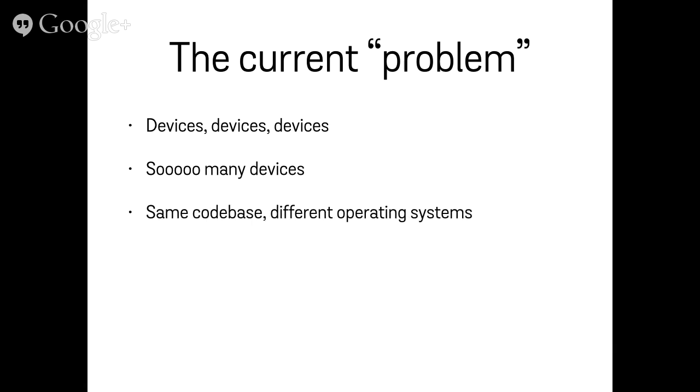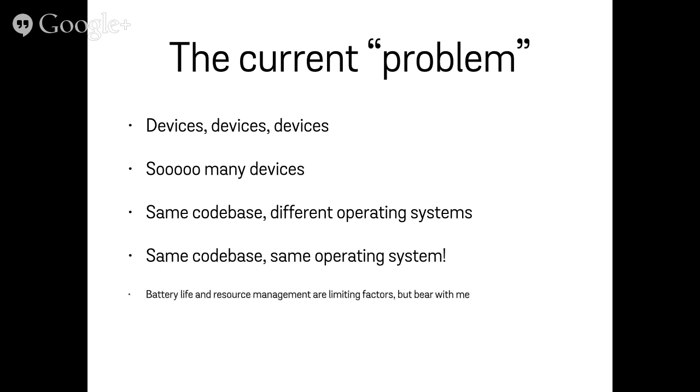So I'm thinking it would be pretty awesome if you actually had the same code base and the same operating system. Obviously, there are caveats to this, such as battery life, resource management, and things like that.